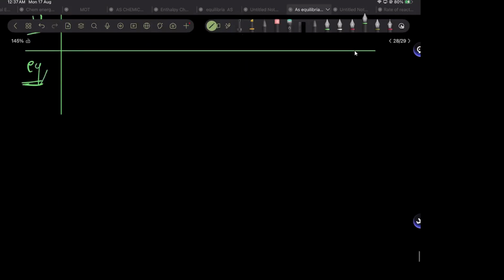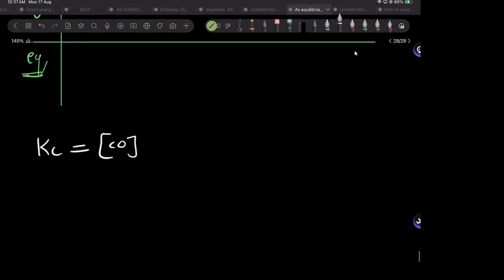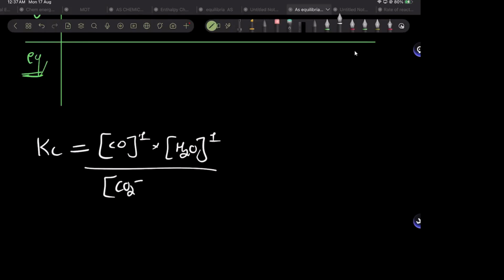So let's write the Kc expression if you're confused. In order to find whatever missing moles are over here, I've been given the Kc value, so I'll write the Kc expression. So Kc would be carbon monoxide to the power 1, H2O to the power 1, right hand side, over left hand side, which is carbon dioxide to the power 1 and H2 to the power 1, right?